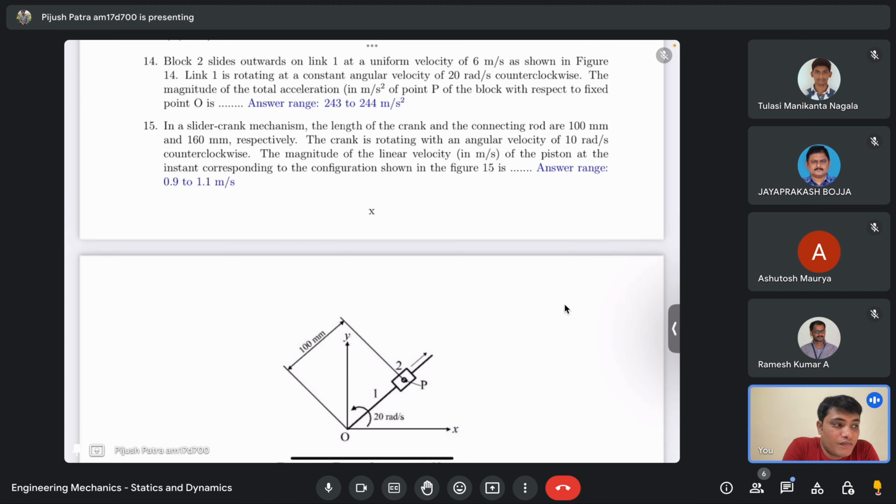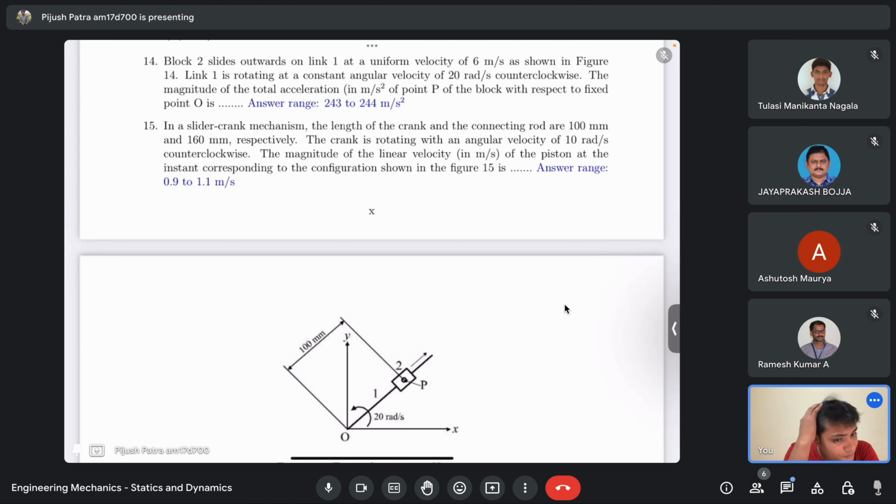And what is the value of omega square R? So it's 400 into 0.1. So it's 0.4, right? Yes, sir. So what is 40, that? Sir, 40, right?